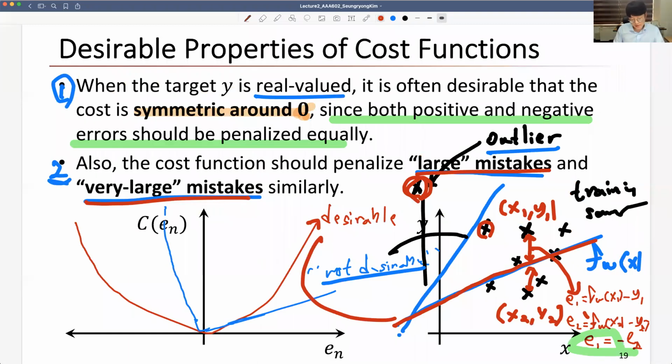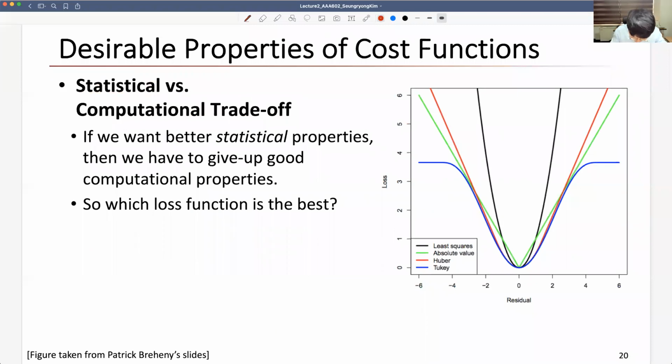Then how can we satisfy this second property? We can use the loss function that looks like this one. In here, we can equally deal with this error and the very large error here.